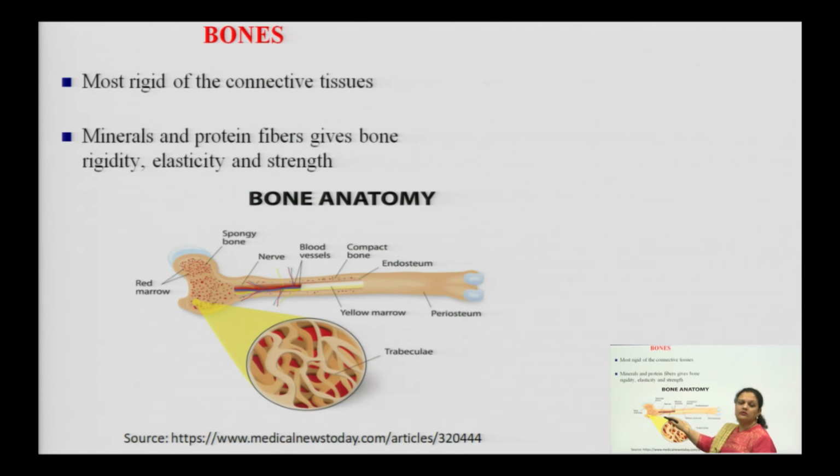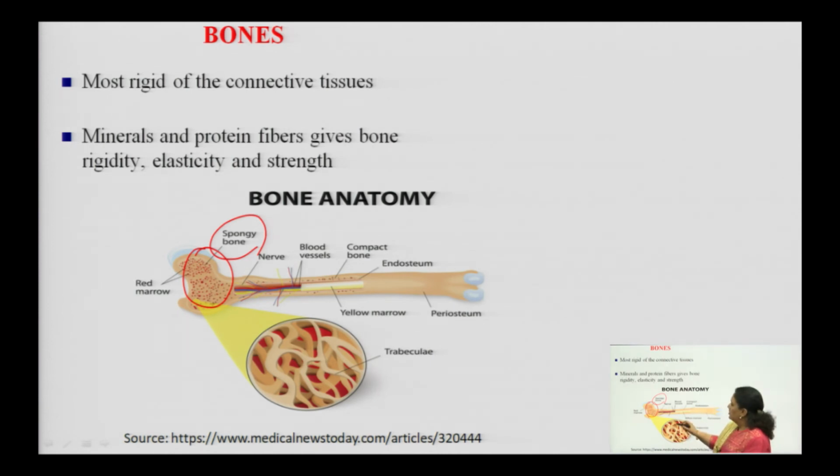Red bone marrow synthesizes the RBCs, red blood cells, and this area is made up of spongy bone. So we can say the spongy bone is made up of trabeculae, while the compact bone is made up of osteons.